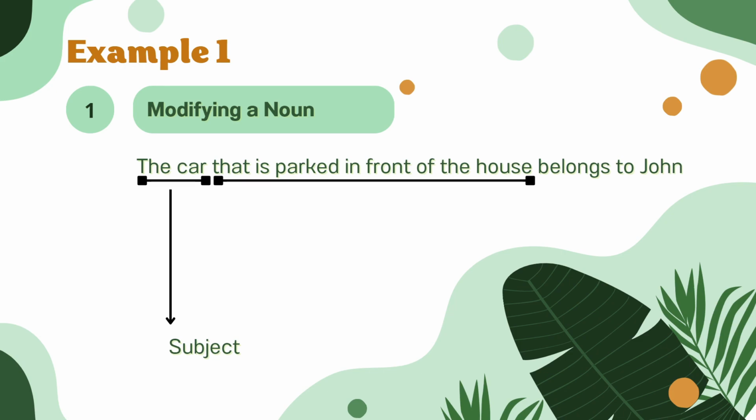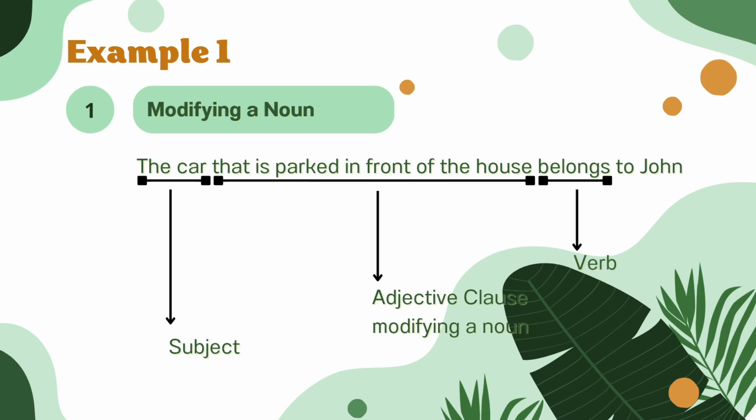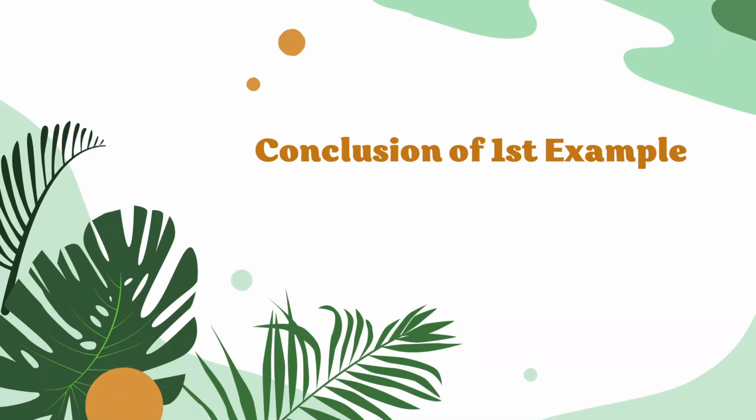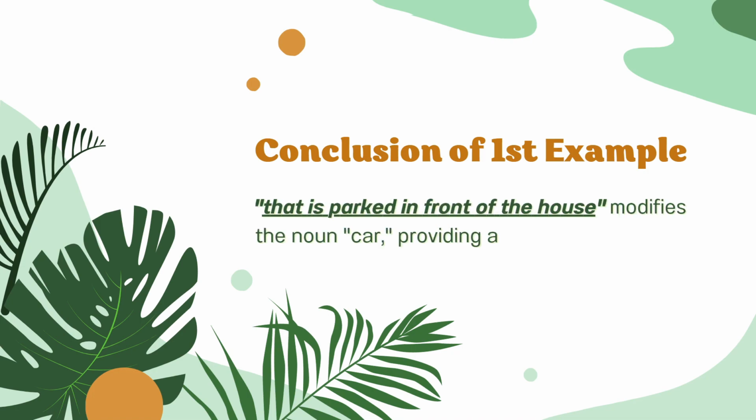"That is parked in front of the house" is adjective clause modifying a noun. "Belongs" is the verb of the sentence, and then "John" is the object of the sentence. From this sentence, we can conclude that "that is parked in front of the house" modifies the noun "car," providing additional information about it.